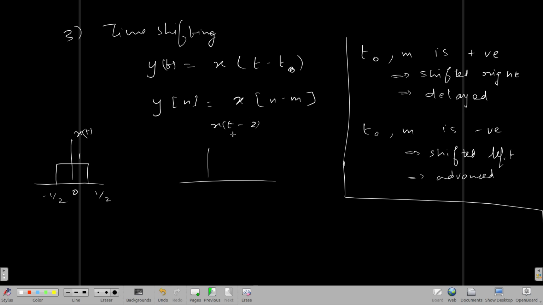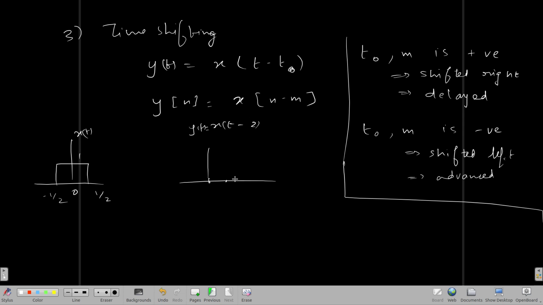Let this be y of t. What is y of 0? y of 0 is x of 0 minus 2, that is 0. What is y of 1? That is x of 1 minus 2, that is x of minus 1, again 0. What is y of 1.5? That is x of 1.5 minus 2, that is minus 0.5.